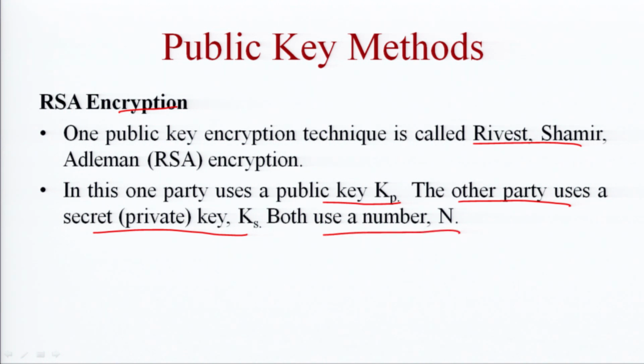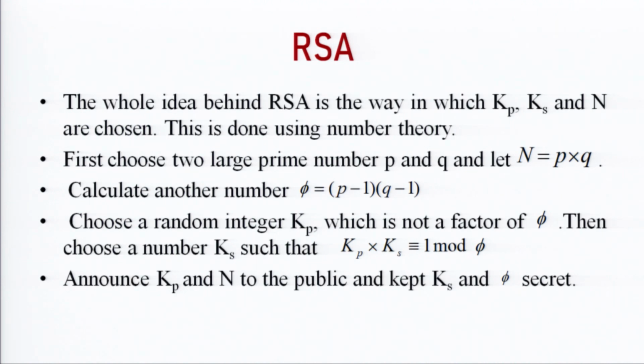So, the encryption key and decryption key are different. The whole idea behind RSA is the way in which this KP, the public key, the secret key KS and this n are chosen. This is done using number theory.